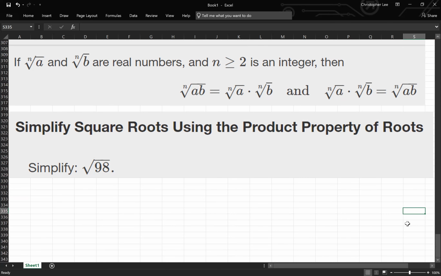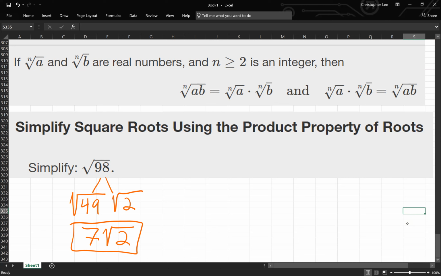In this case, it's 49, because the square root of 98 can be broken down into the square root of 49 times the square root of 2. And then help me out. What's the square root of 49? 7. So this is my final answer: 7 square root 2.